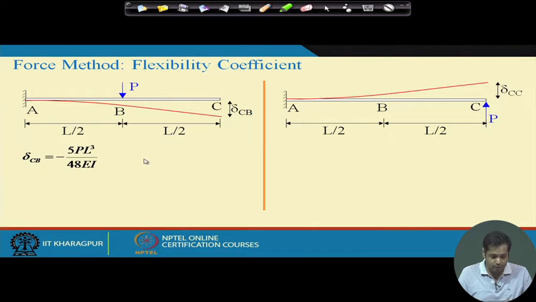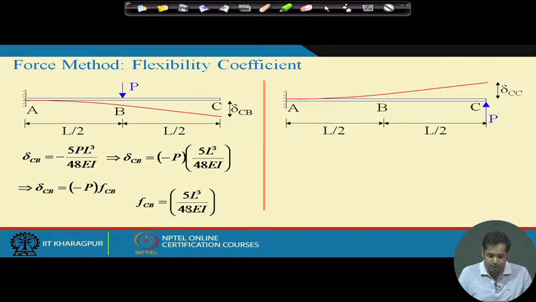The same expression can be written as delta CB, with P taken out, and then this. Suppose this same expression can be written as minus P into FCB, where FCB is equal to 5L cube by 48 EI.